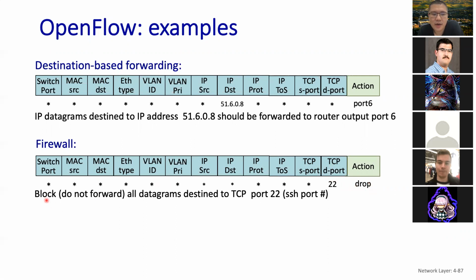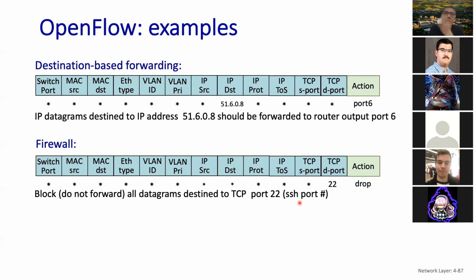This means that you block and do not forward all datagrams destined to TCP port 22, the SSH port number. If you know something about the SSH mechanism, you try to SSH to some server. If you put the firewall here, it means the TCP port is closed, and everything trying to SSH to the server will be blocked.